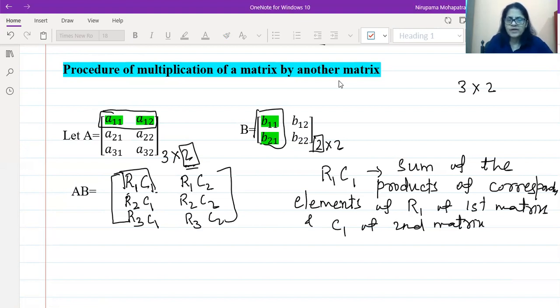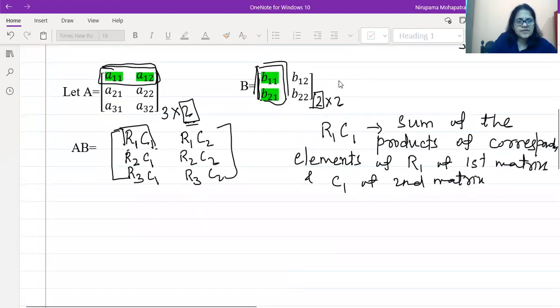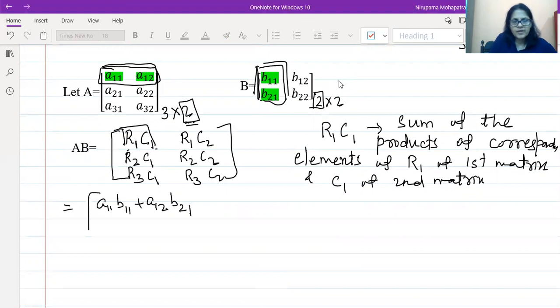Whenever we write R1 C1, we consider the first row of the first matrix and the first column of the second matrix. So that means the sum of the products of corresponding elements of R1 and C1, which in this case will be A11 B11 plus A12 B21. This is the element of the first row and first column of the product matrix.